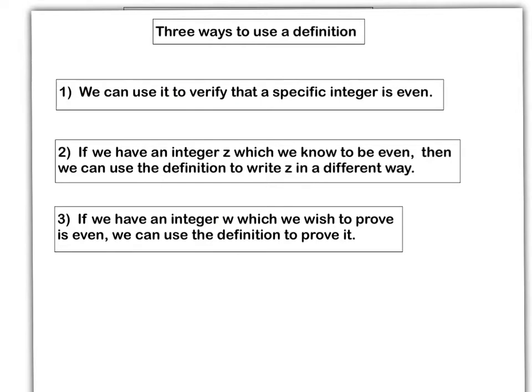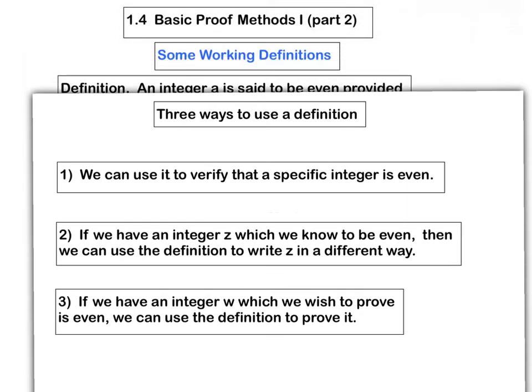Let me show you 3 ways that we can make use of a definition. And I'll illustrate this with the concept of even. So the first thing that we can do is we can use the definition to verify that a specific integer is even. So for example, how do you know that the number 18 is even? Well, we would go back to the definition.